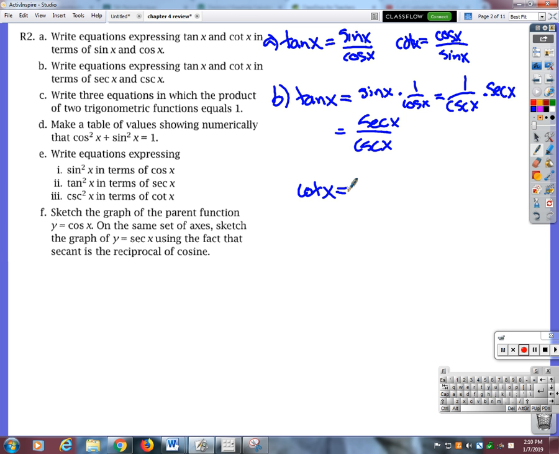Write cotangent in terms of secant and cosecant. Right? So the easy way to do it is, what is cotangent compared to tangent? Yeah, good. Flip them. So I could flip this over and make it be cosecant over secant.